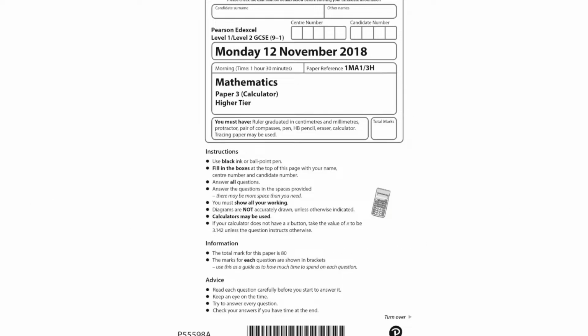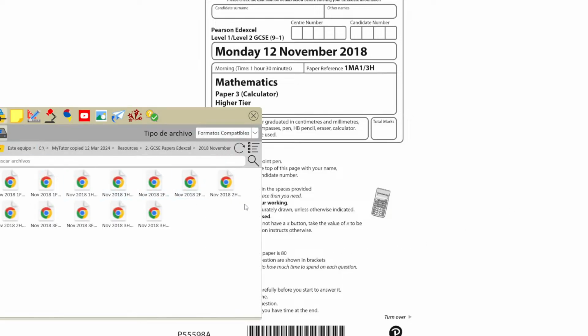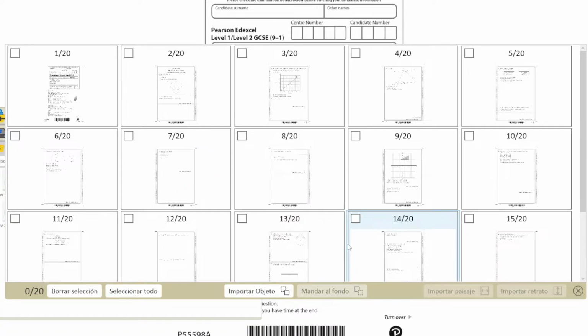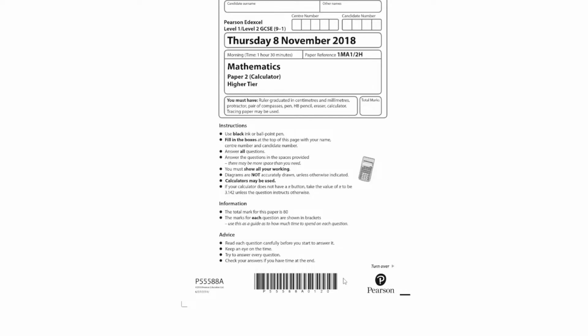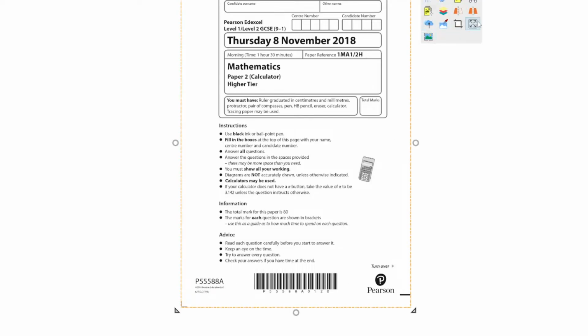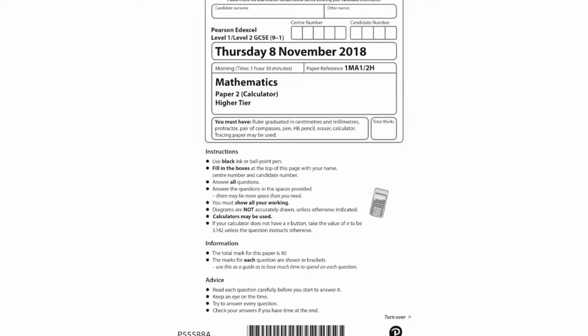Let me just upload the other one then. So paper 2. Okay, I'm just gonna have to scale it as we go through, alright?